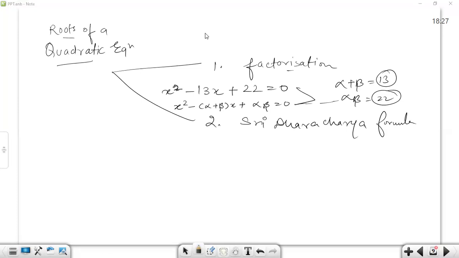For that, you can simply do one thing. Take the factorization of the product of these two roots: 22, 2 into 11, 11 into 1. Out of these factors, we will have our two numbers. Now think about those two numbers, whose sum must be 13 and product should be 22.